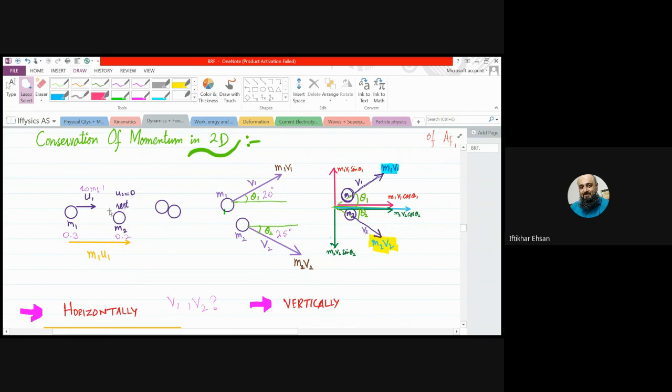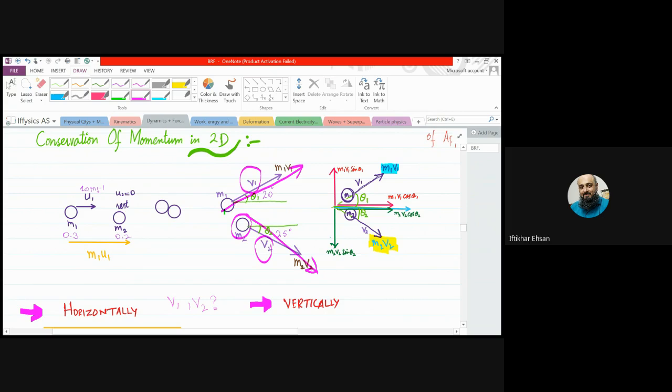So when they collide at an angle, what happens? The m1 goes in this direction with a velocity v1, and m2 goes, suppose, in this direction with a velocity v2.